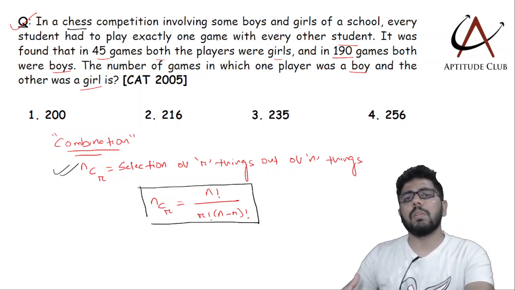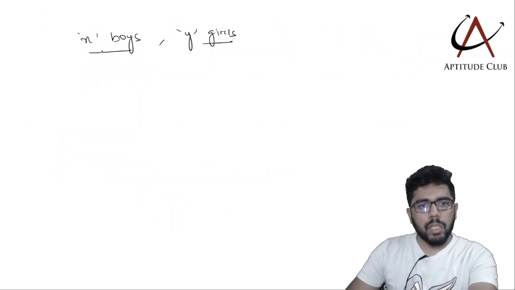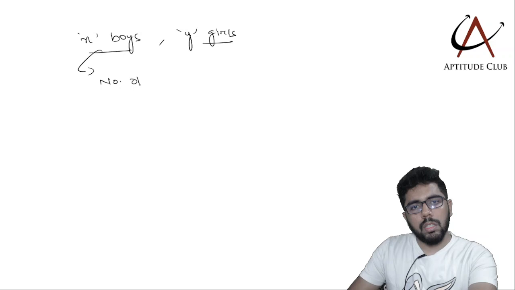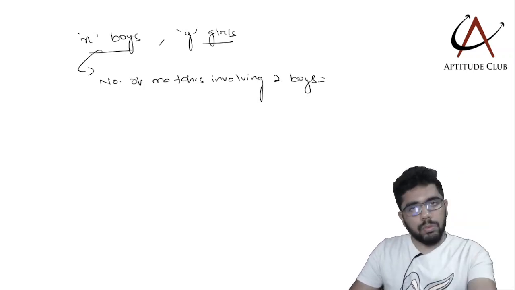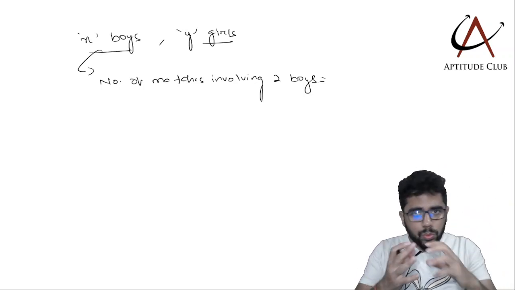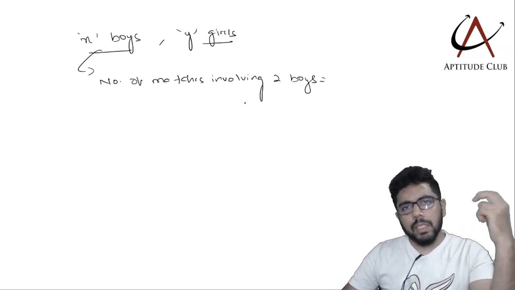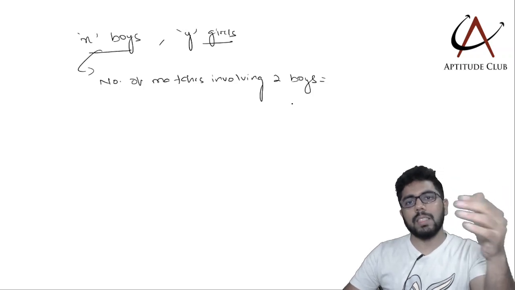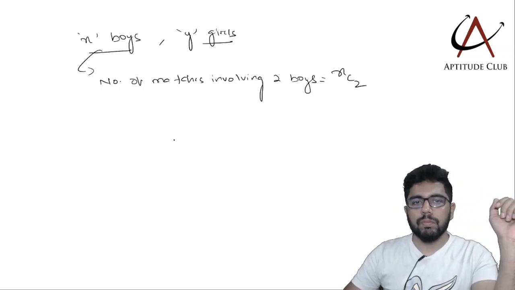So in X boys, the number of matches involving two boys is the number of ways in which you can select two boys out of X boys. The number of two different boys you can select, that many different matches you are going to play. So I have to select two boys out of X boys. NCR, selecting R things out of N things, so it simply becomes XC2.